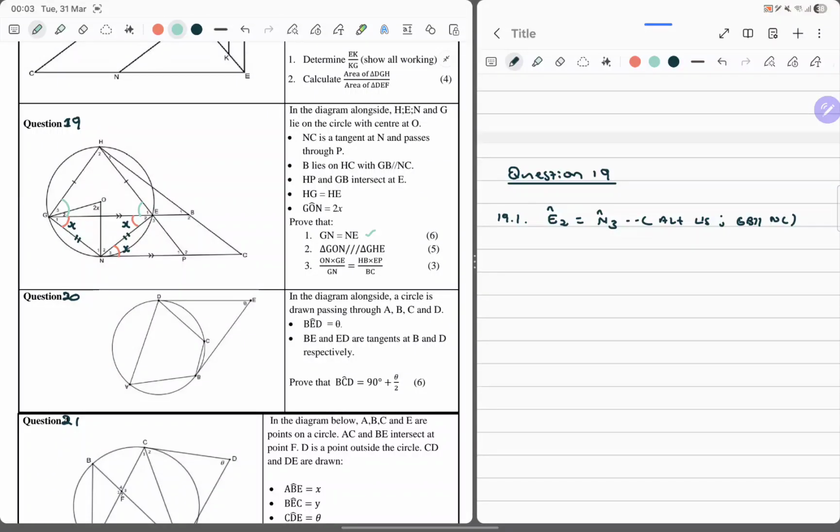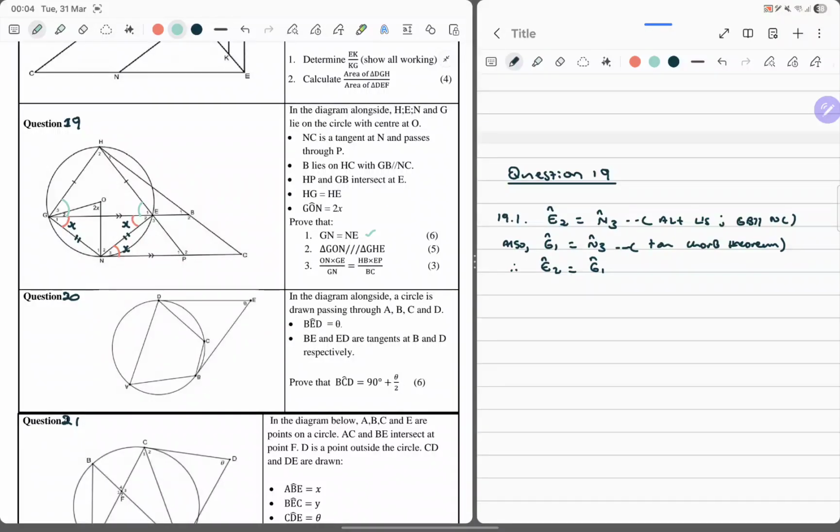Right? That's good. But we know also that essentially G1 is equal to N3. This is the tan-chord theorem. Right, so this makes a nice conclusion that, well, E2 should be equal to G1.